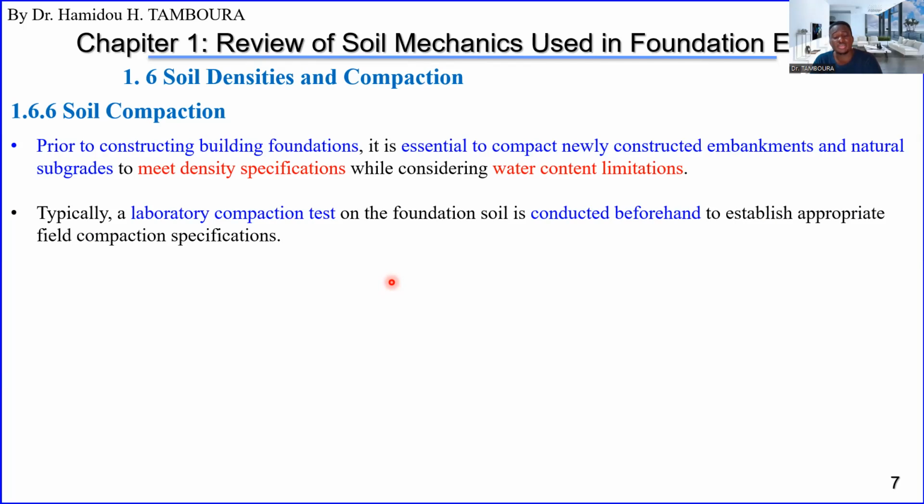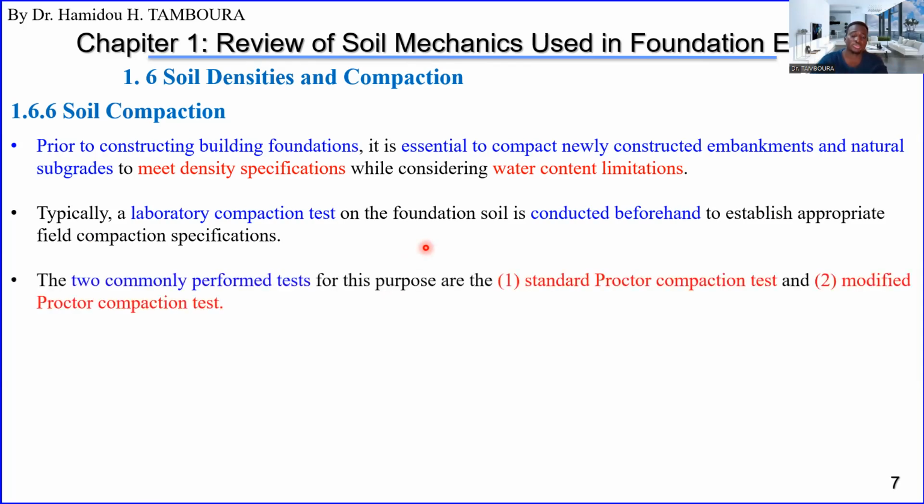But anyway, this is about compaction, and there is more detail about it in my soil mechanics class. I suggest you visit the soil mechanics class. You will get more detail about compaction. There are two common tests for compaction in the lab: the standard Proctor compaction test and the modified Proctor compaction test.